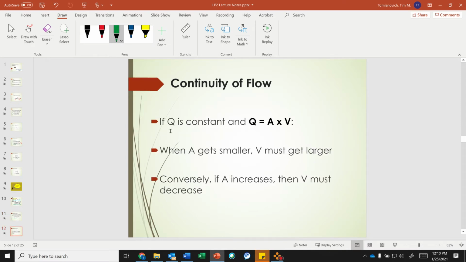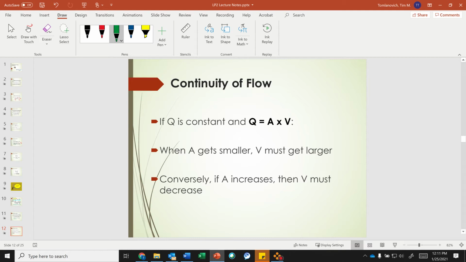Okay. If Q is constant and Q equals A times V, when A gets smaller, that means the velocity must get larger. So think of the hose in your backyard. What happens when you put the thumb over it? We reduce the cross-sectional area. What happens to the velocity? It goes faster. Conversely, if area increases, then the velocity slows down.